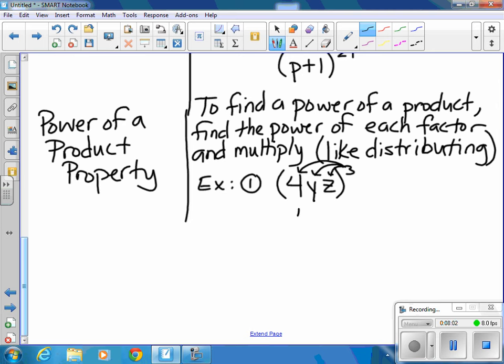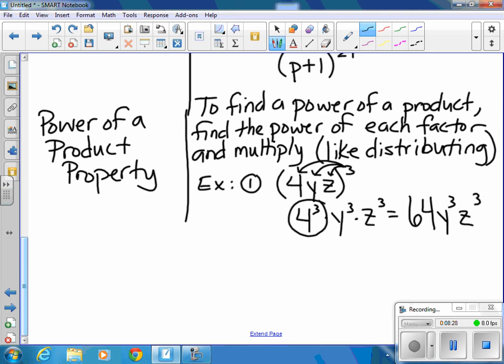So this becomes 4 to the 3rd power times y to the 3rd power times z to the 3rd power. Now, one thing you have to make sure that you do, you cannot ever have a coefficient in front of letters that's a power. So we have to turn that into a regular number at this point. 4 to the 3rd power really turns into 64. So your final answer for this problem is 64 y to the 3rd power z to the 3rd power.